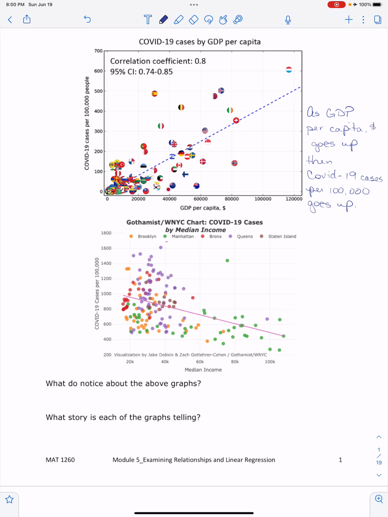Notice here, as median income goes up, the number of COVID-19 cases per 100,000 goes down.